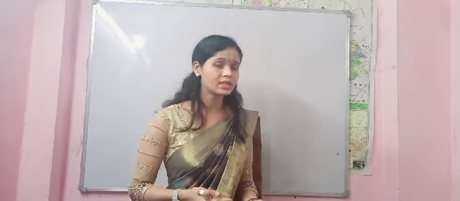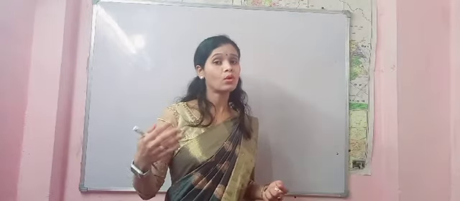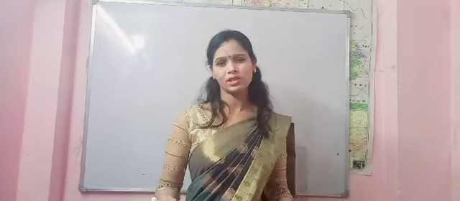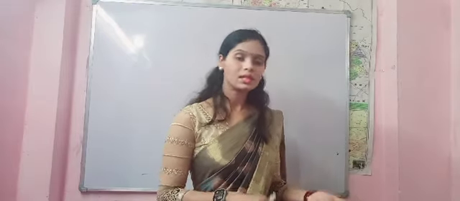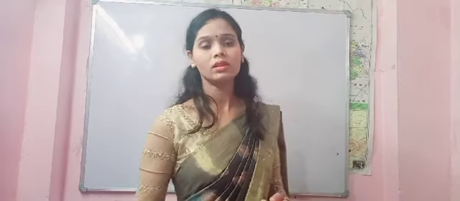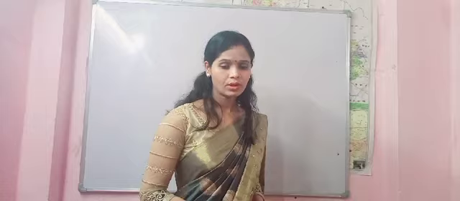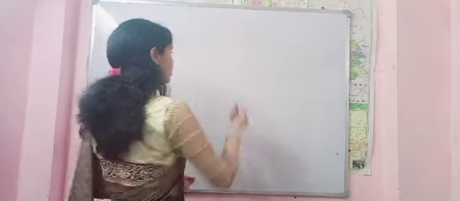Some natural indicators are there, and some man-made, lab-made indicators are also there. What are natural indicators? They are available naturally, not man-made, and will tell you whether a given substance is basic or acidic. First of all, natural indicators.